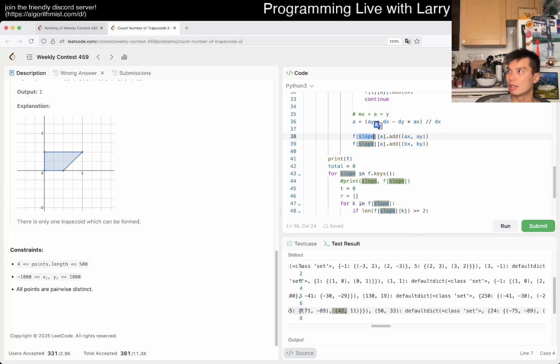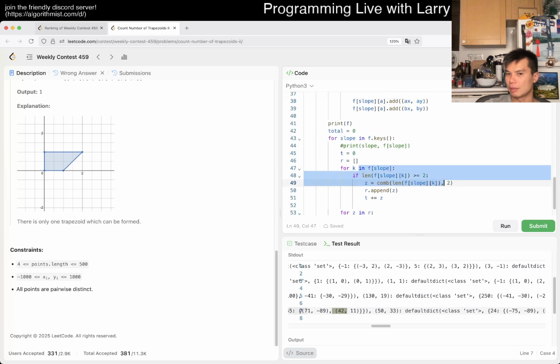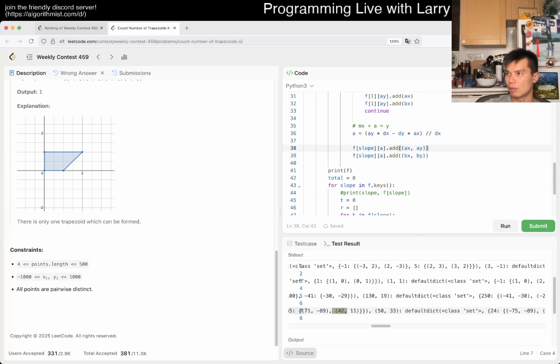But that means that if ax, ay, we don't even count it, but here we want slope, intercept, parallelogram. I feel like I could get it.